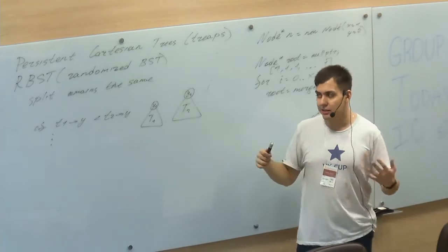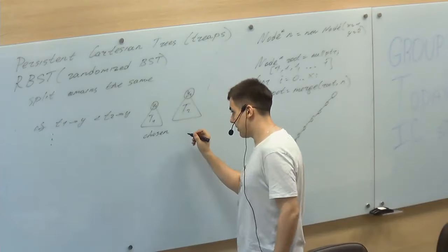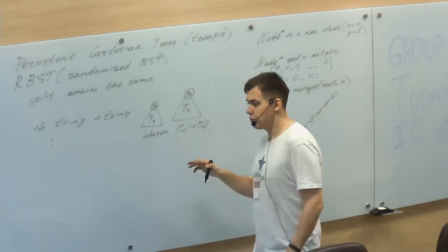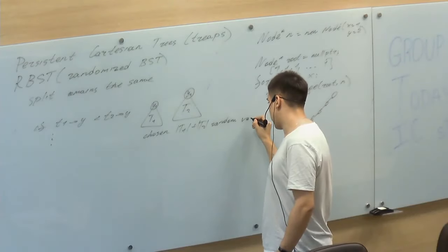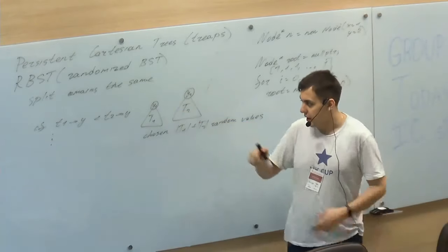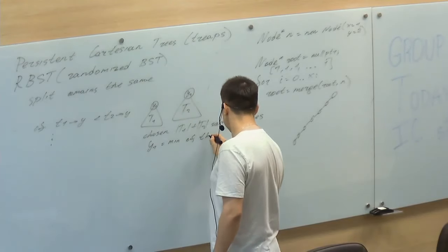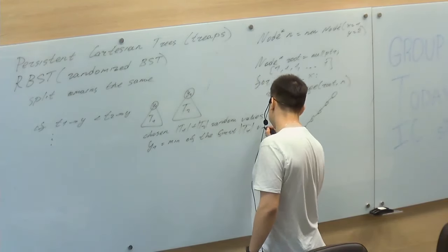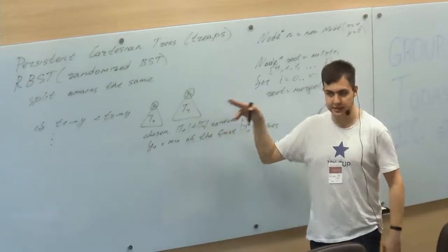Well, we can look at this as if we've chosen size of T1 plus size of T2 random values, and y1 is the minimum of the first size of T1 values, and y2 is the minimum of the last size of T2 values.